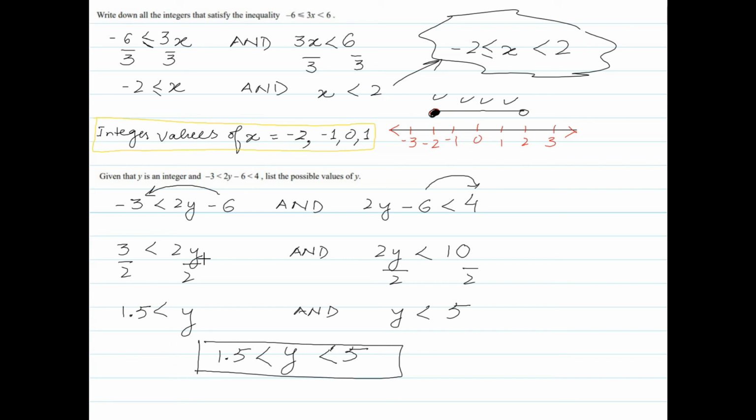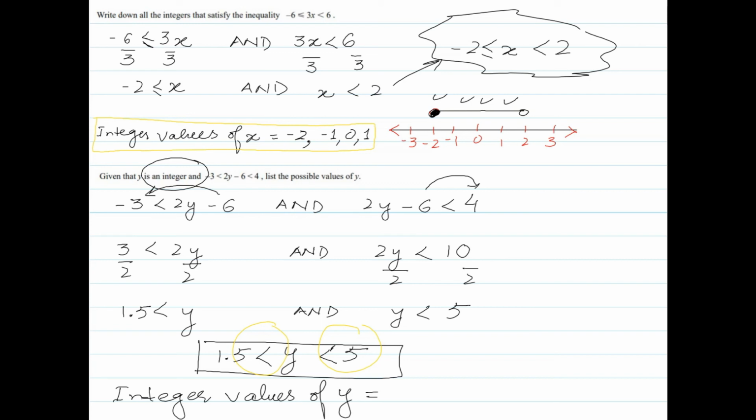You need to write the integer values from that because integer values are required. So the integer values of y equals, you need to write all integer values. And now since there is no equality sign, you can look at both inequality signs.